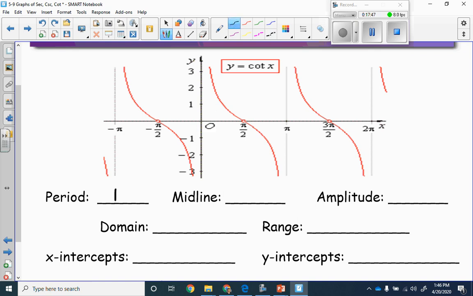So the period of cotangent is still going to be 1 pi. Once again, there is no midline, there is no amplitude to it. Domain will be all real numbers with the exception of our multiples of pi. So x cannot equal k pi, where k is any integer.